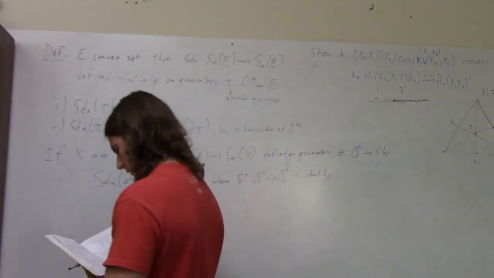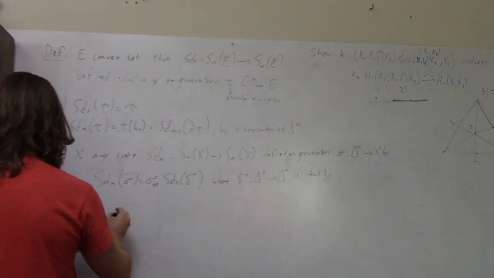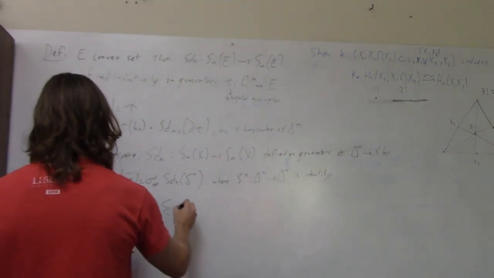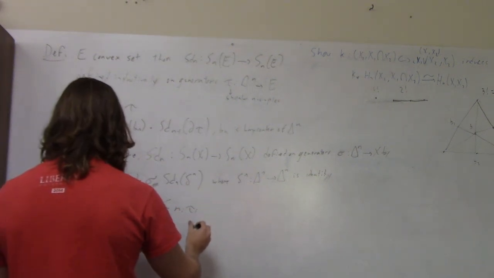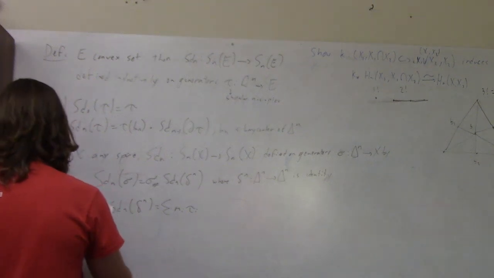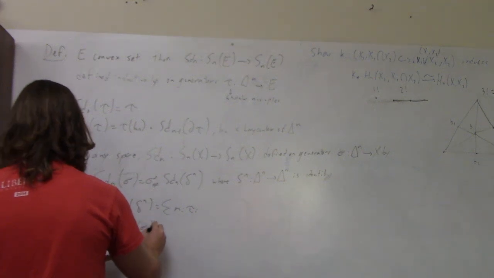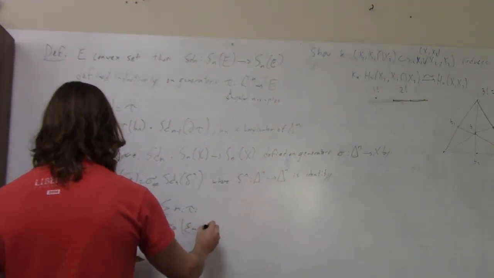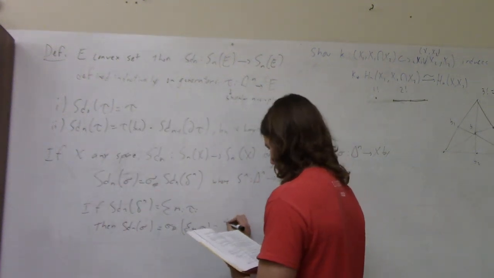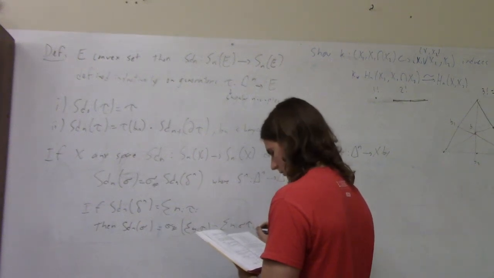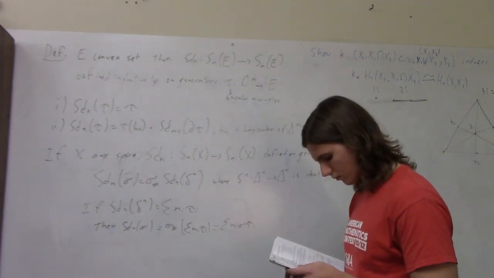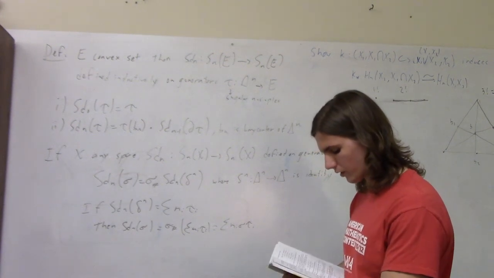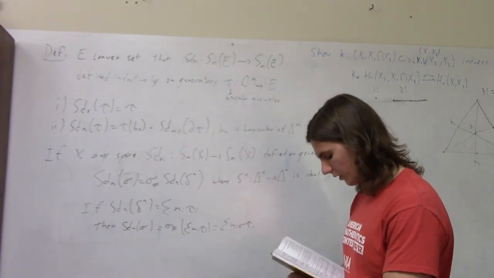So he says, if SDn of this identity is equal to a combination of these little tiles, then, this isn't part of the definition, this is a comment, SDn of sigma is equal to sigma map of this sum, which is equal to the sum of mi sigma tau i. Okay, so it's well defined, and it says that one may view these n simplexes sigma tau i as the restrictions of sigma to the tau i that subdivide the image of sigma.